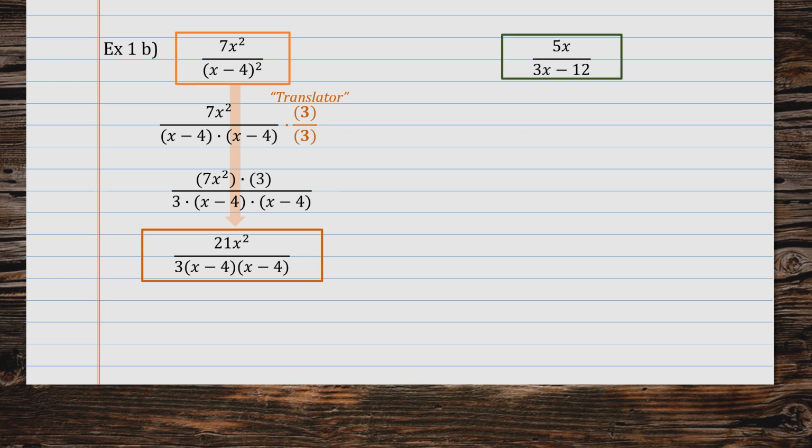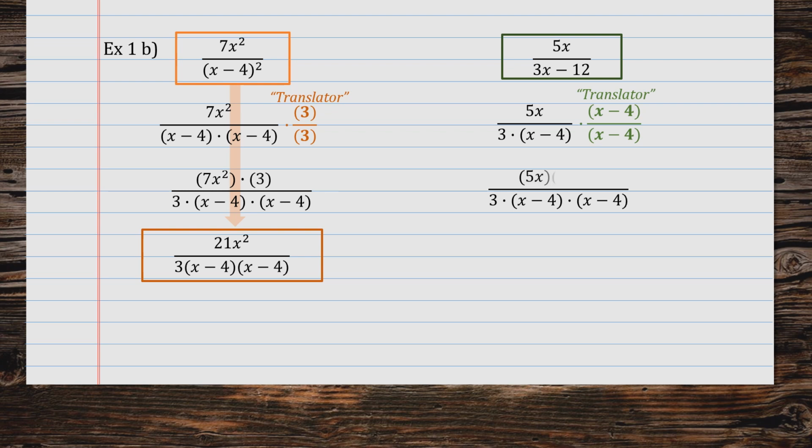Now the other fraction in example 1b was 5x all over 3x minus 12. Again, we had already factored the denominator and knew that that was made up of 3 and an x minus 4. But we found the LCD, or the common denominator, was actually 3 times x minus 4 and x minus 4. What needs to be the translator to help this fraction speak the new language? And the translator will be x minus 4 over x minus 4.